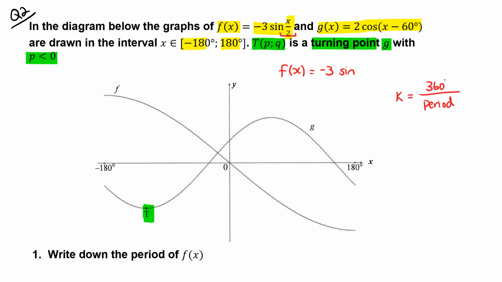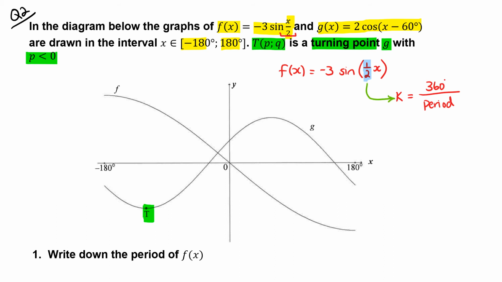We can actually write that instead as a half x. So x over 2 and a half x is the exact same thing, but it just makes it a little more clear for us to see that half in front of it. And so when we see that half in front of it, we can go ahead and fill that straight away into our value of k.